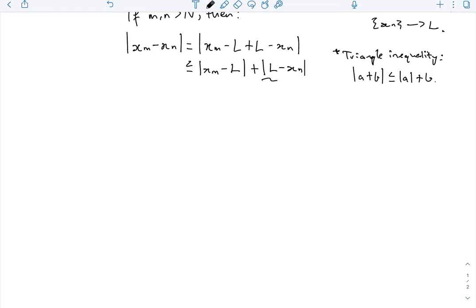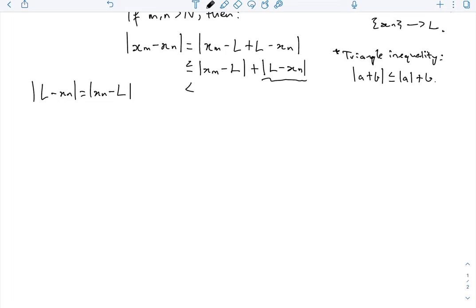Now, consider this absolute value here. We know that the absolute value of L minus xn is equal to the absolute value of xn minus L. That's just a general truth when you're taking differences inside the absolute value function.